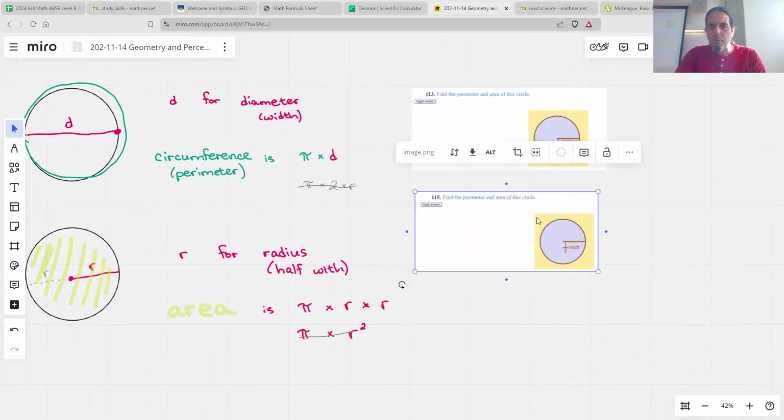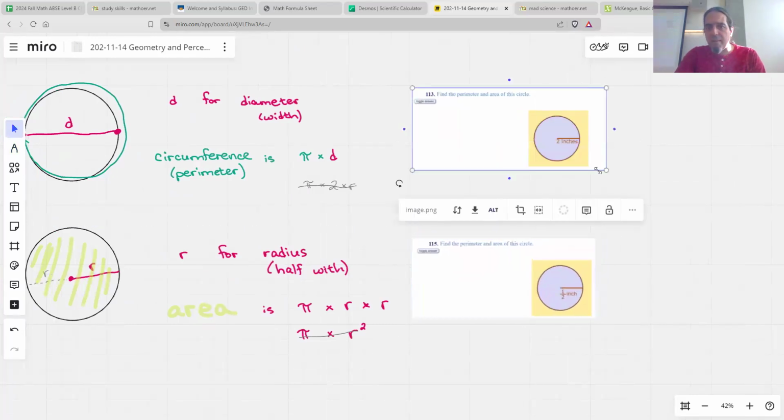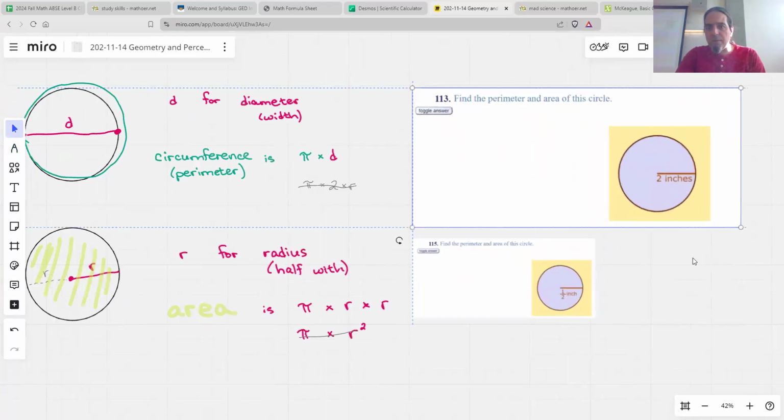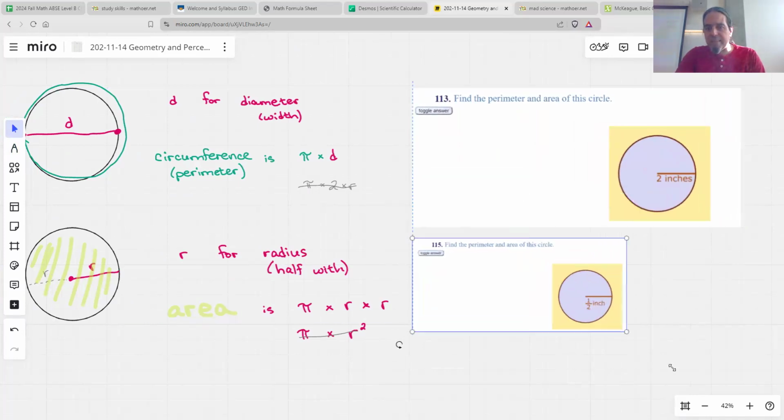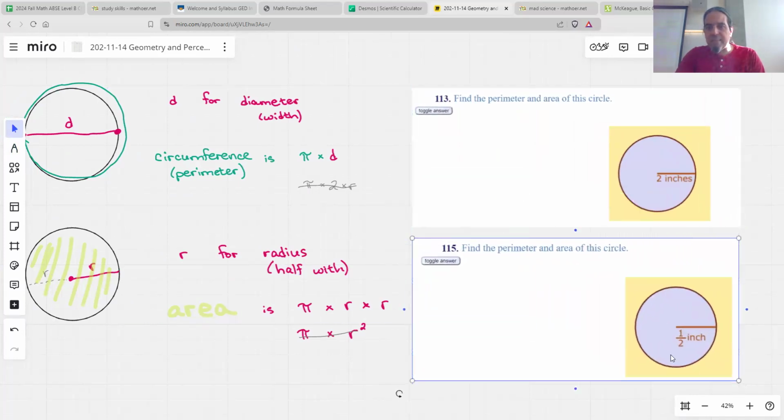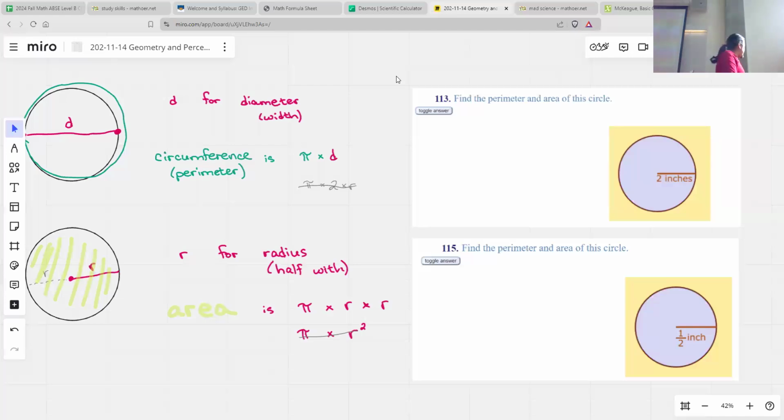Get everything on the board. Bigger. Just got very big. Can you see this? Is the layer too big?